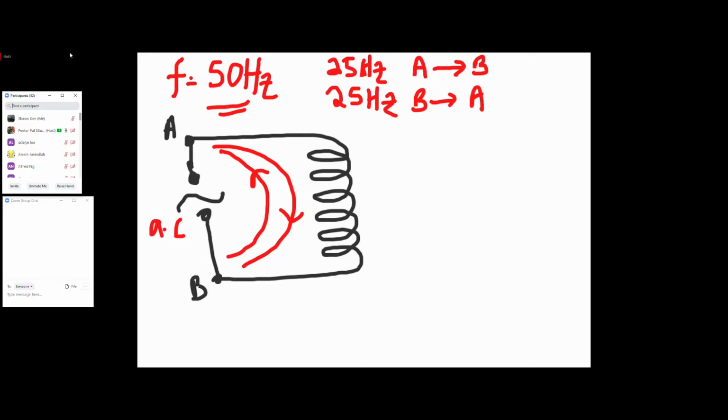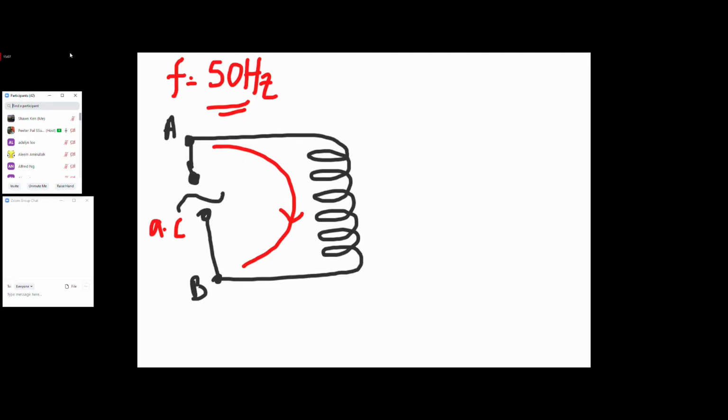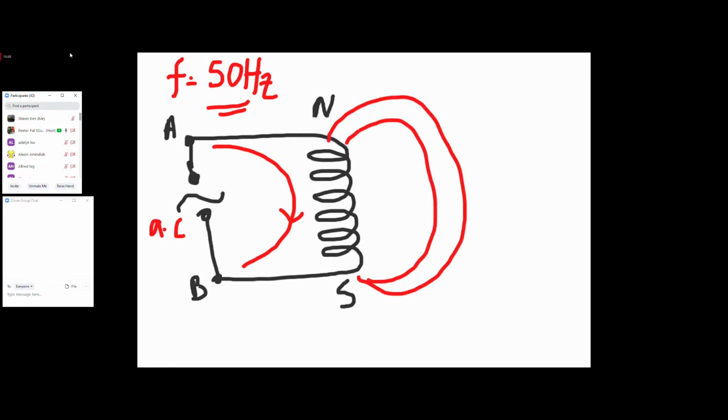Now the idea here, as the current flows from A to B, for example. Listen properly, guys, this is an example only. Let's say current flows from A to B. When the current flows from A to B, let's say up here is North Pole, down is South Pole. So listen carefully. If up is north, down is south, the electromagnetic field will be like this.